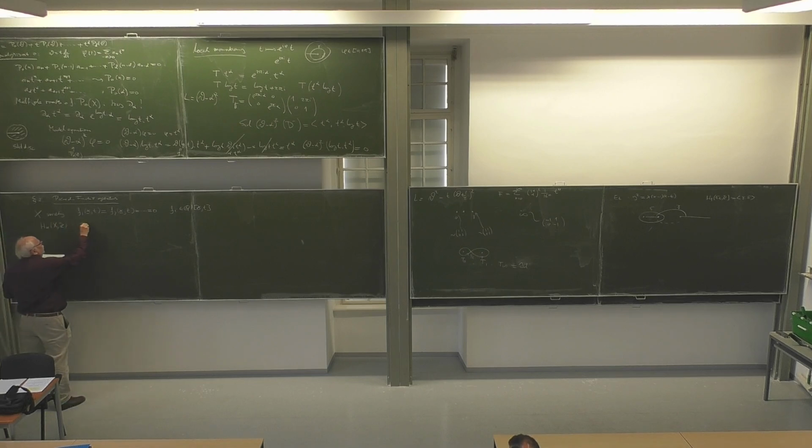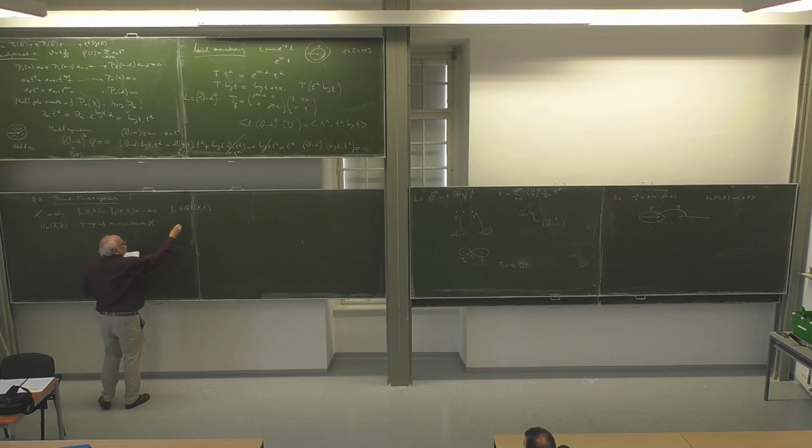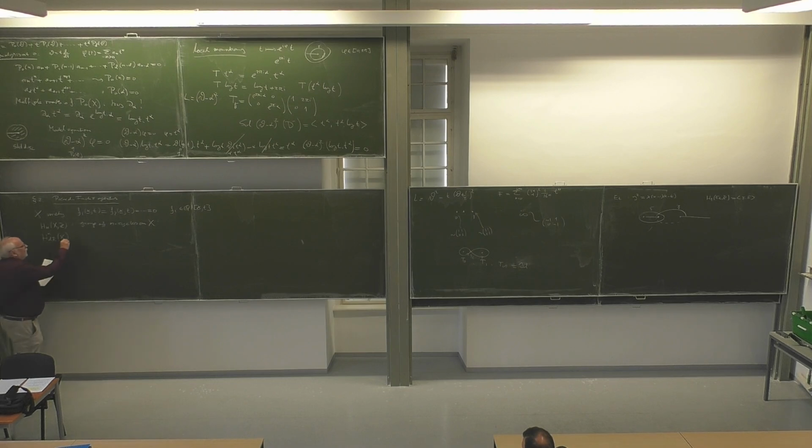This is the group of n-cycles. So the dimension of X would be d. And you can look at the de Rham cohomology group, which is, in fact, can be seen, you take the algebraic differential forms on your variety.